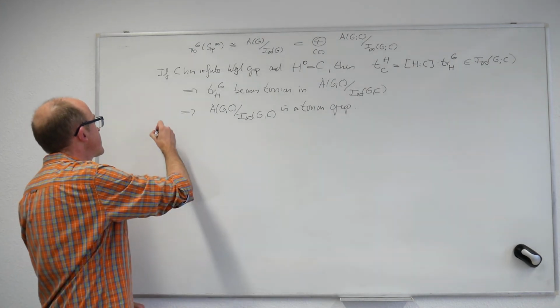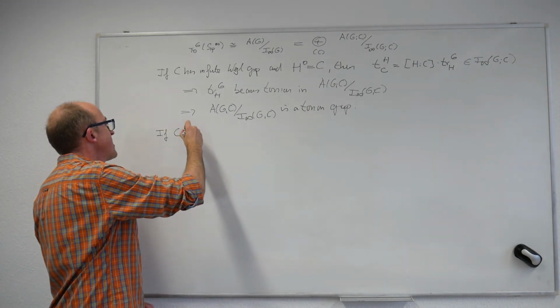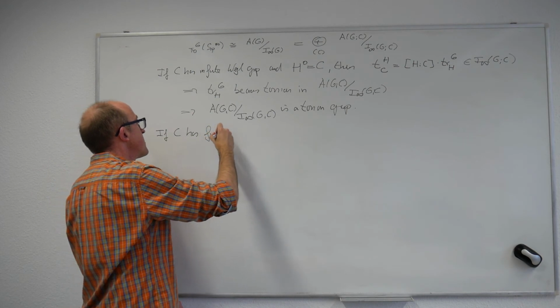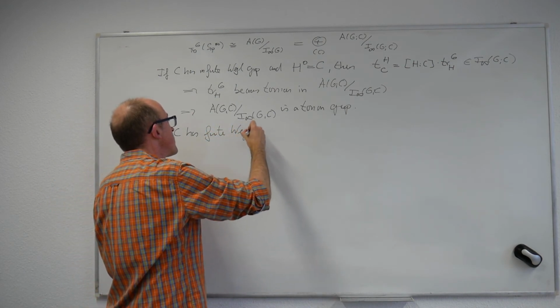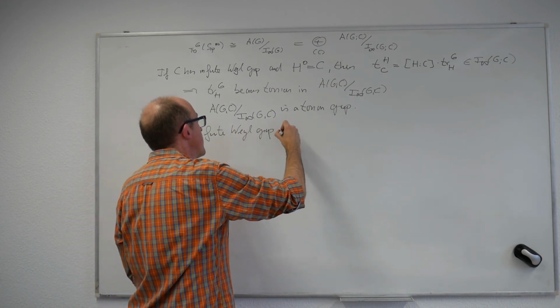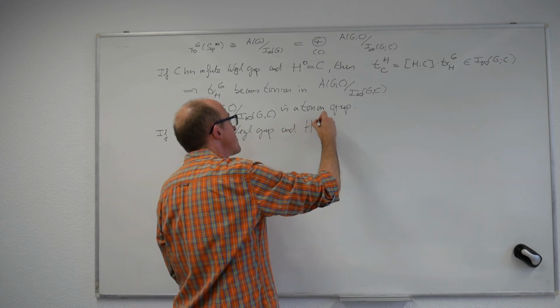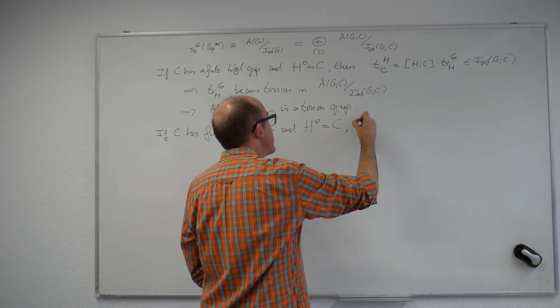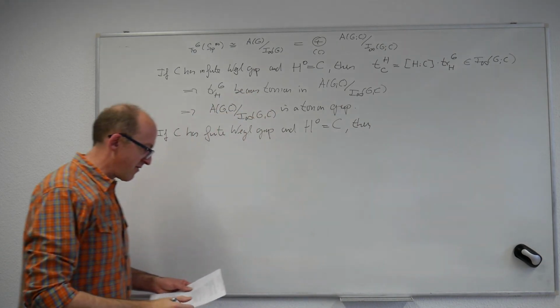Now in the other case, if C has a finite Weyl group, and we have an H whose identity component is this given C, then we have a sequence of inclusions.